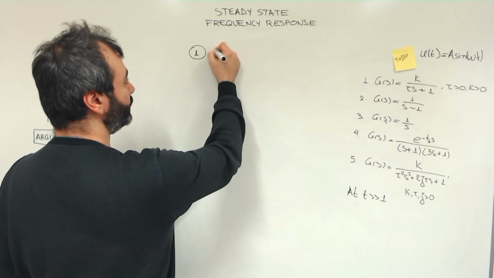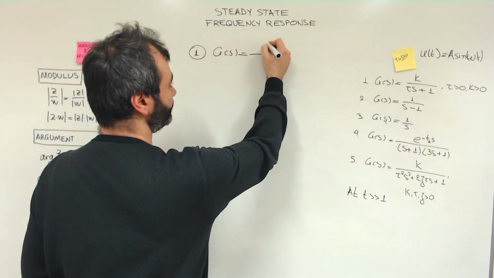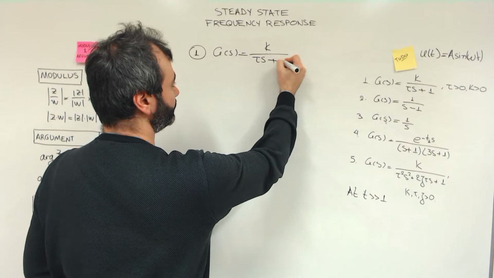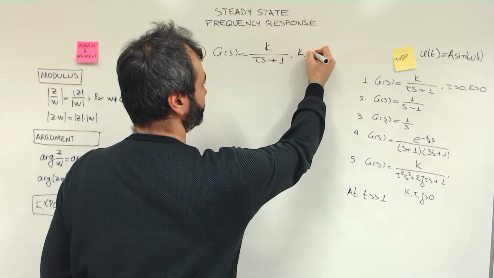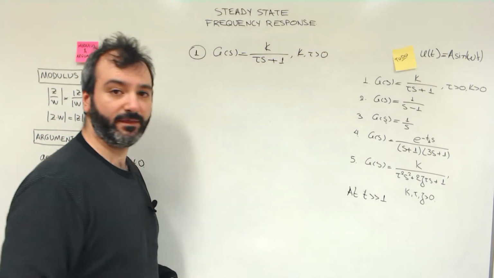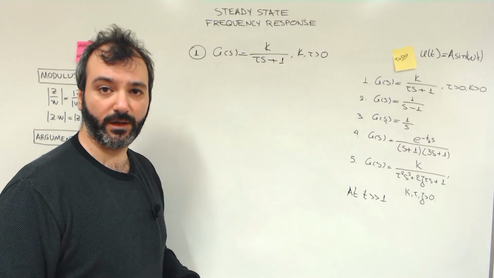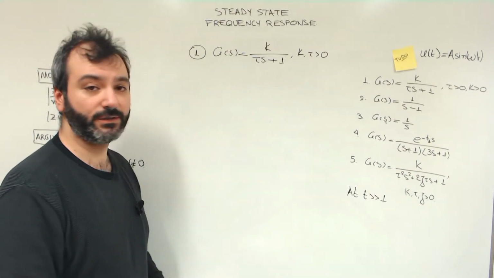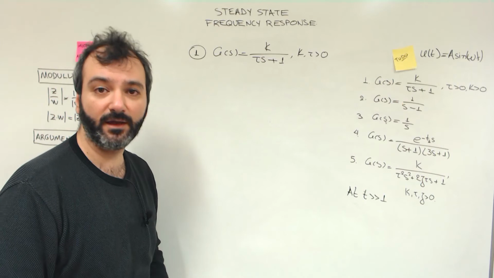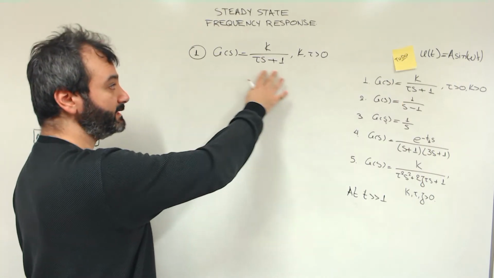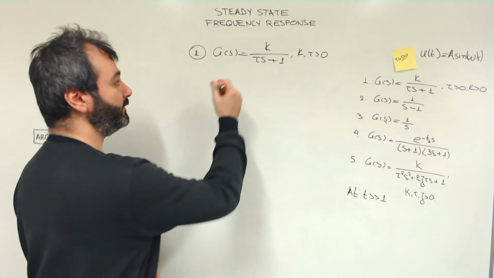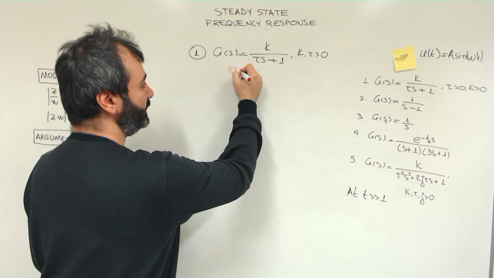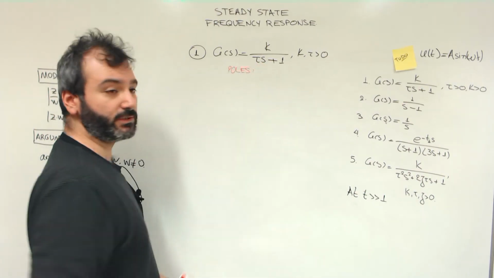So example number 1, take this function. And let's apply the theorem. Now the theorem requires that the transfer function must be BIBO-stable, otherwise we cannot apply it. Is this BIBO-stable? Well, let's find out. Let's see what the poles of this transfer function are.